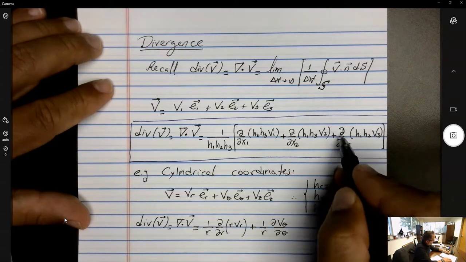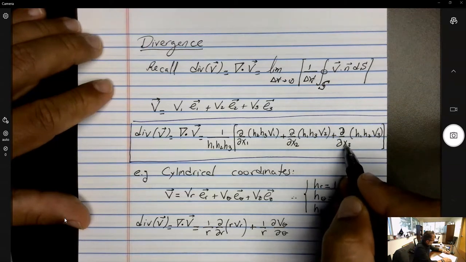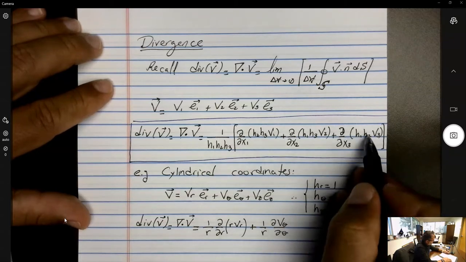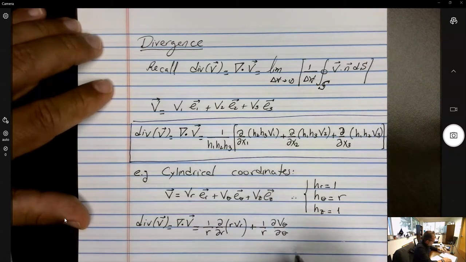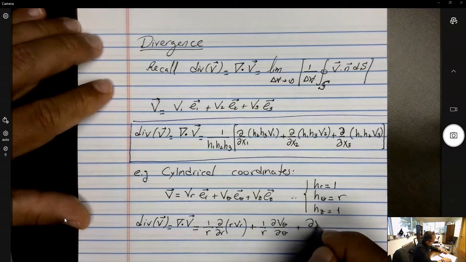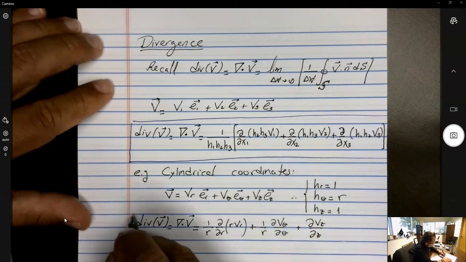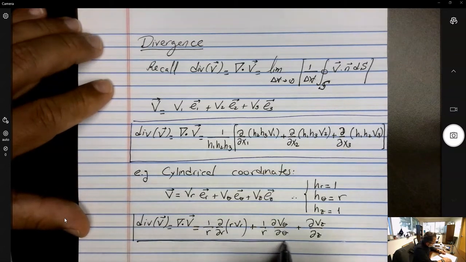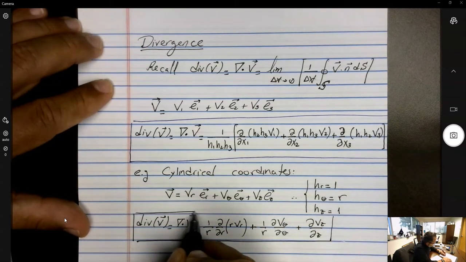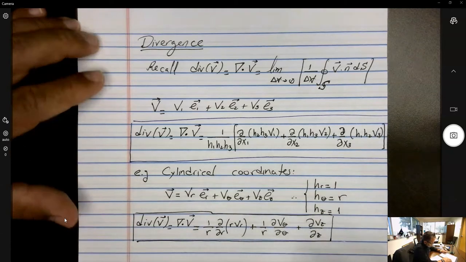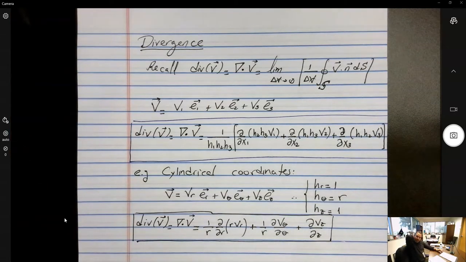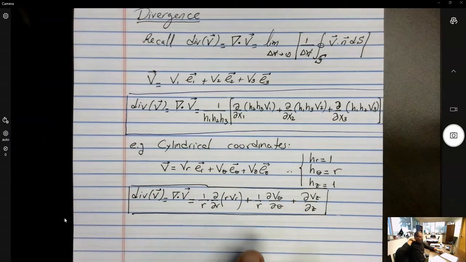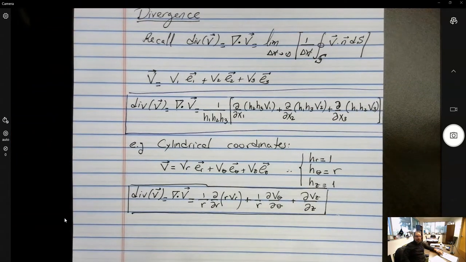Then that R can come out of the differential because R is not a function of z, and that R cancels with the R for the third component. So that's just simply d VZ dz. As simple as that. So if I need to calculate the divergency of a vector field in cylindrical coordinates, this is how we actually do it.